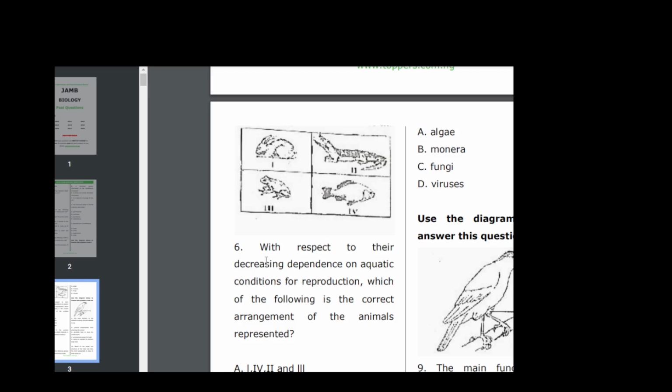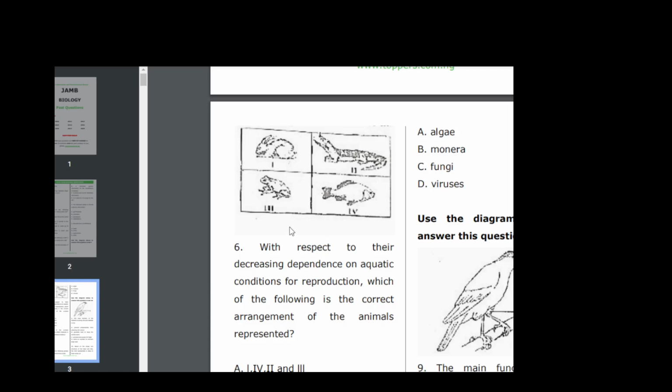So the 6th question says, with respect to their decreasing dependence on aquatic conditions for reproduction, which of the following is the correct arrangement of the animals represented?